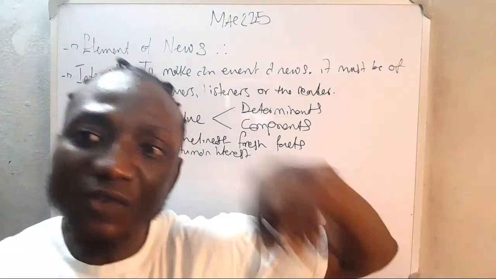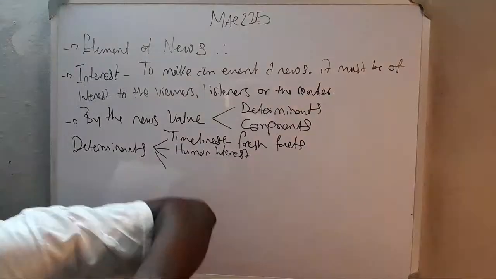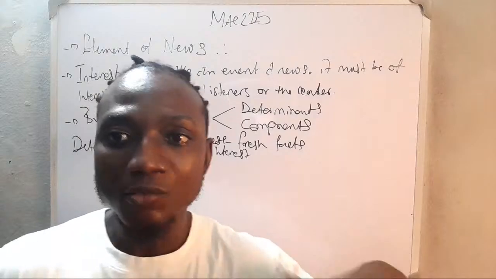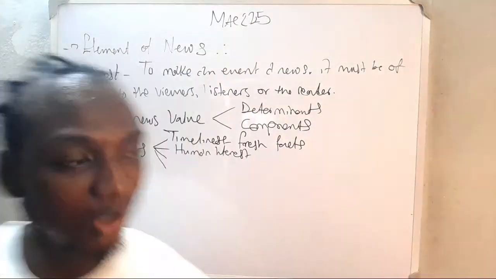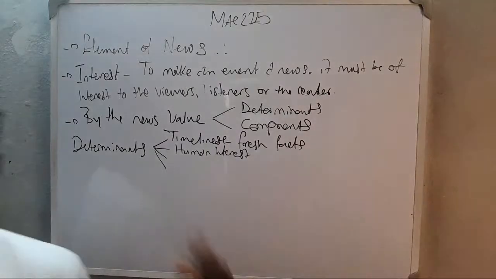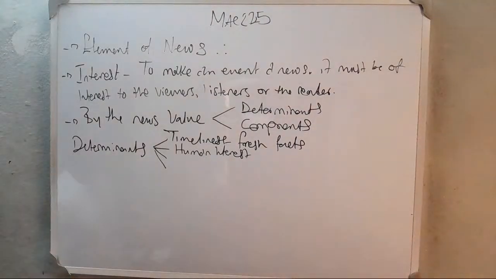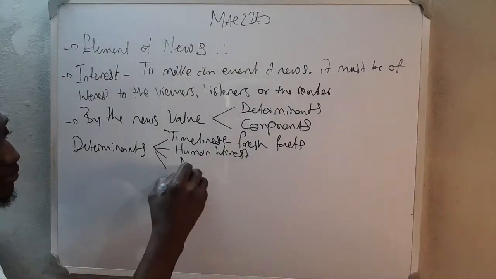So because this has happened, you want to be on alert, or you want to be careful, or you want to take precautions so that the ball doesn't fall into your court. So that is more of novelty. As it is said, it's like human interest, but it's a little bit different.